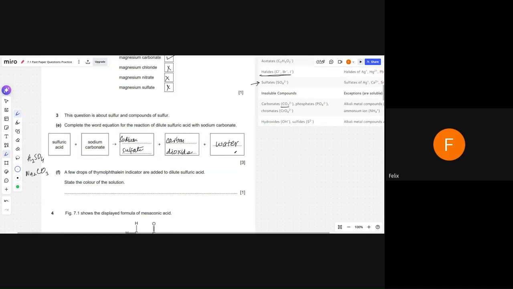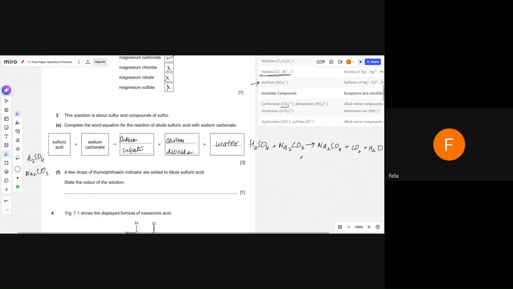Let me write down the equation as well for extended students so that they can actually see what is happening here. So Na2CO3, that's sodium carbonate, and that is going to produce sodium sulfate plus carbon dioxide and water, right? So the equation is balanced, which is very good.